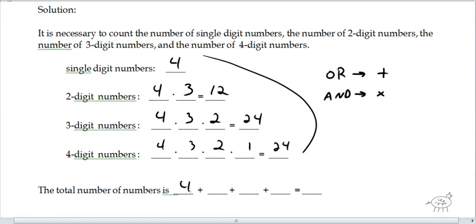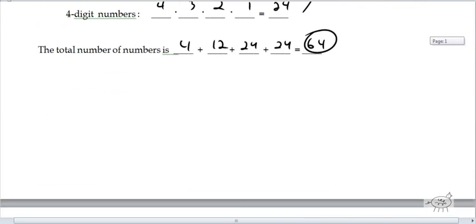So that's 4 plus 12 plus 24 plus 24, which gives us 64. There are 64 ways you can form numbers from those digits. You have to understand the difference between how many numbers and how many 4-digit numbers. Very important.